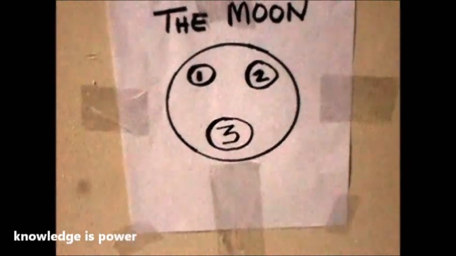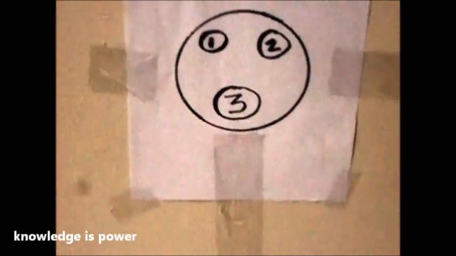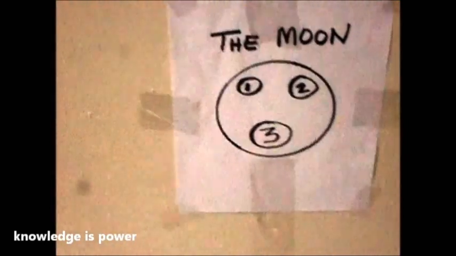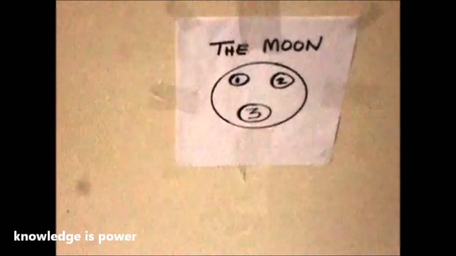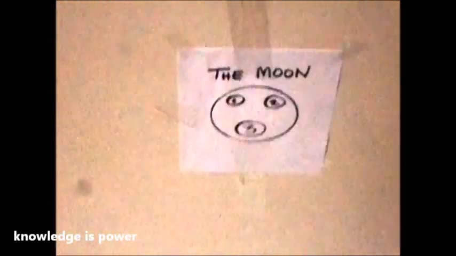So what you're looking at in front of you now is a circle that's representative of the moon. And I have numbers on it, 1, 2, 3. That's going to represent the craters or some points of reference that we can refer to. Okay, so imagine now that I'm in the northern hemisphere. Now, this is how we see the moon in the sky.